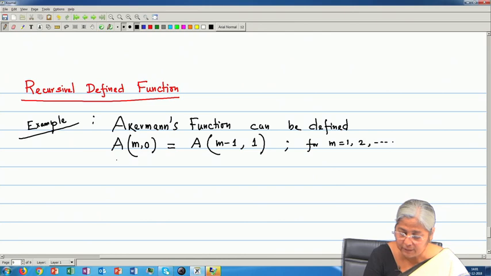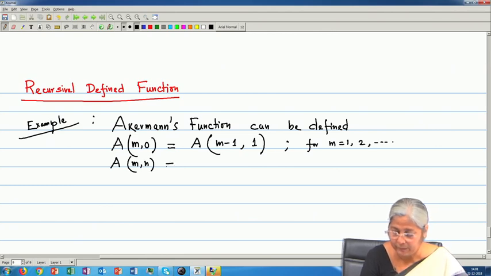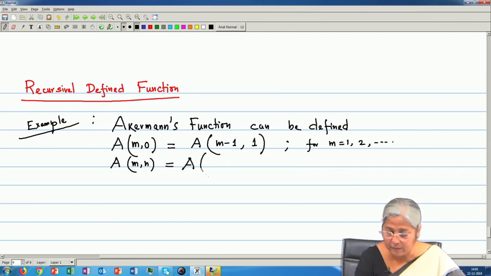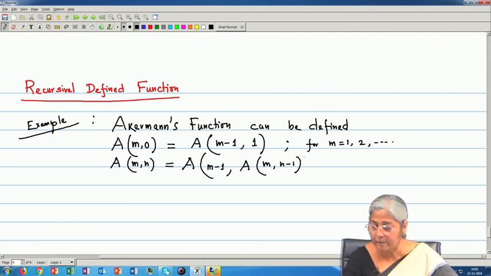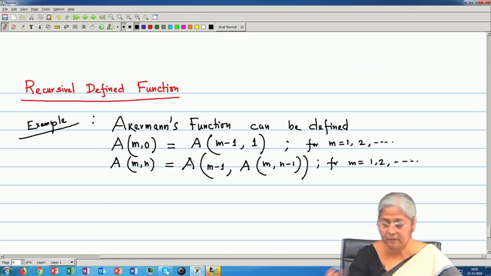And the second step is A(m, n) is A(m minus 1, A(m, n minus 1)) for m equal to 1, 2 like that.